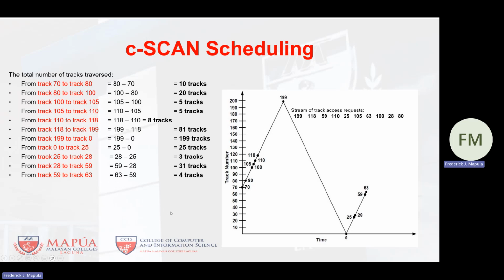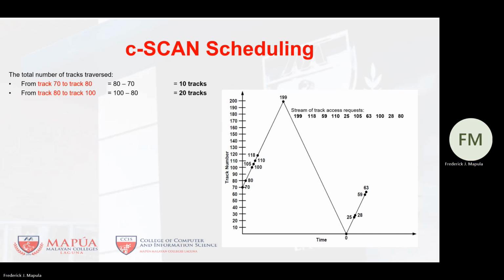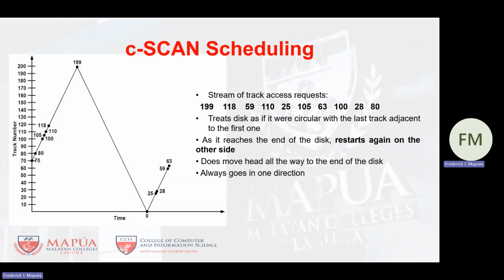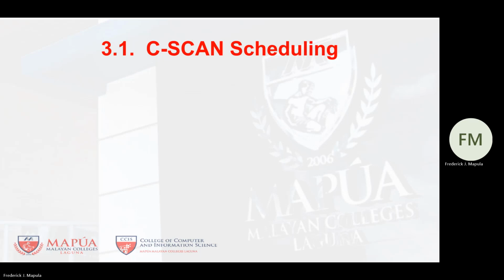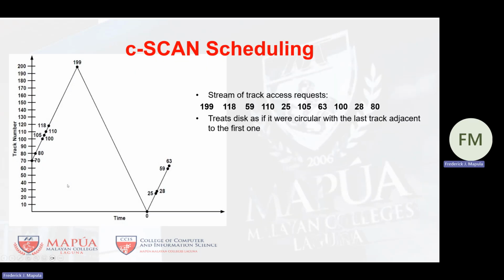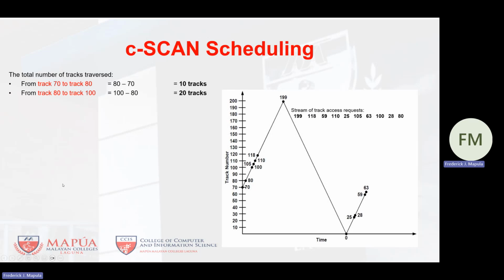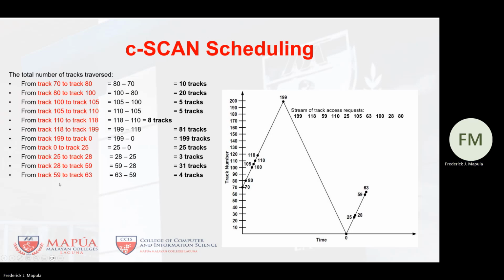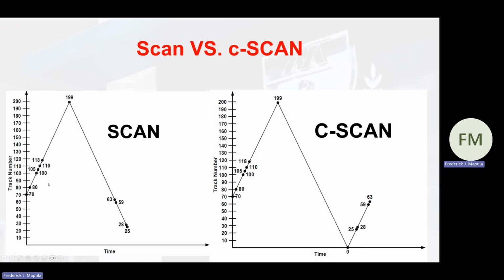Unlike SCAN, which is 303, C-SCAN is 391. Okay? So, what is the comparison or difference?